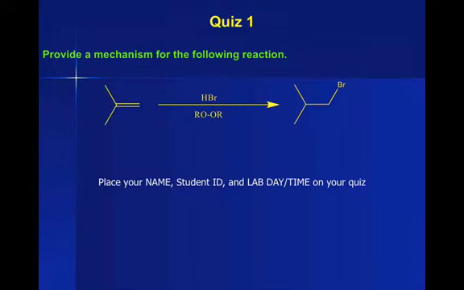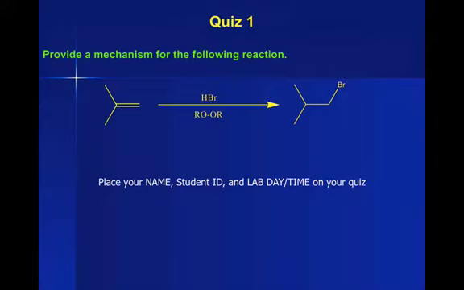All right, so this really isn't a quiz. This is just a group exercise, all right? Walk me through what's going on in this mechanism. How can we take isobutylene, react it with HBr in the presence of peroxide, and get the anti-Markovnikov addition of HBr across the carbon-carbon double bond?